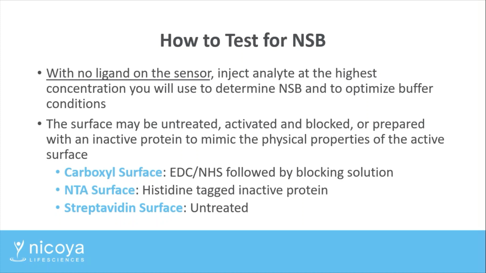Now, when running these tests, ideally you want to see no response from your analyte interacting with the sensor surface. However, if you do see a false positive binding signal, this is actually okay and very common, especially when working with a simple buffer solution such as PBS or HBS. And this is going to be the first point of experimental optimization.